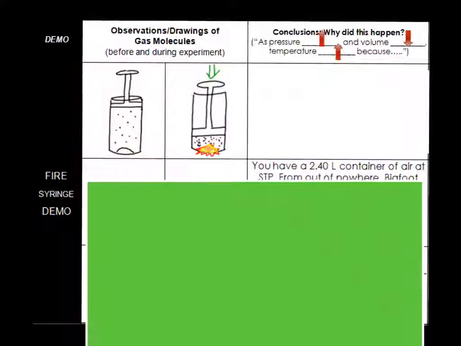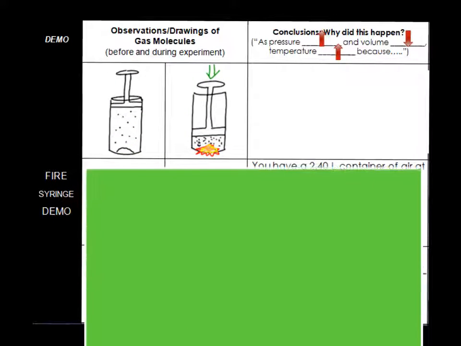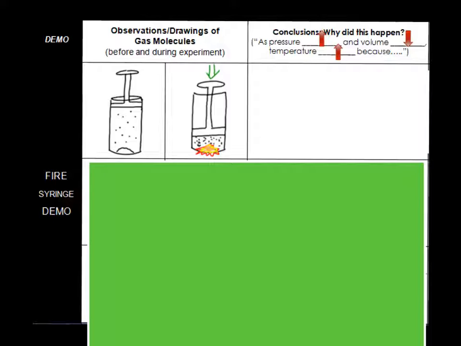So, if we take a look here, this is somewhat of what your demo should look like. So in the bottom here we have some cotton and a few gas particles, and now we're greatly decreasing this volume in a short time here, which greatly pressurizes the container and raises the temperature enough to make fire here.